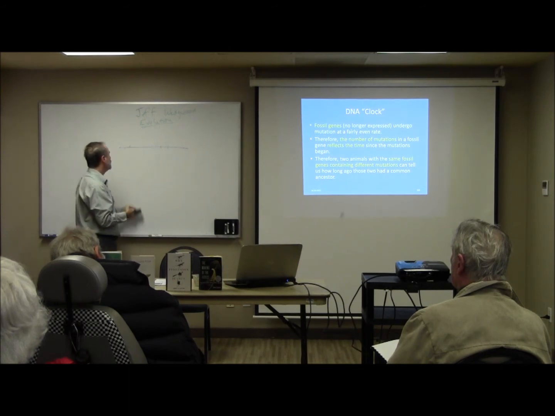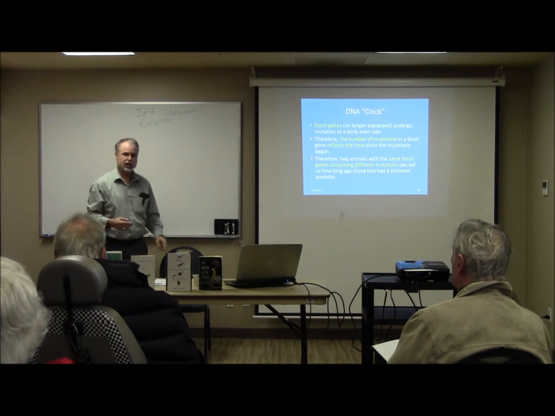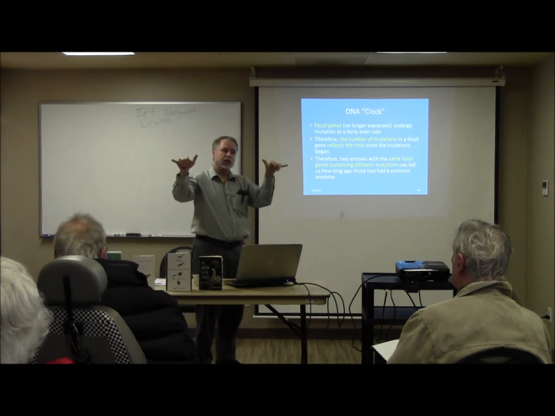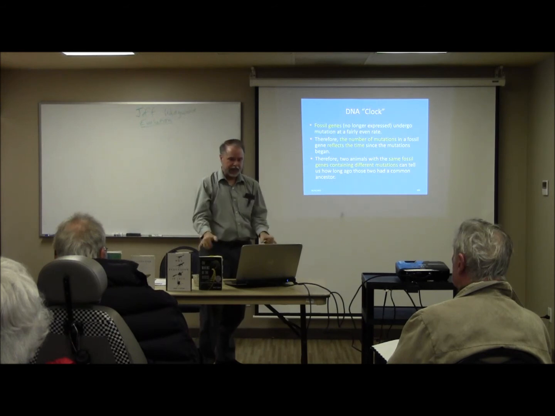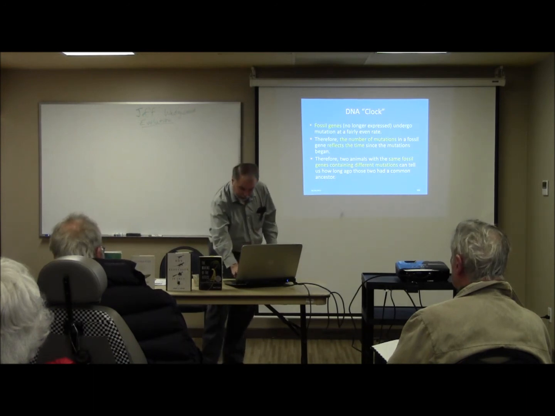So you can just look over time and count the number of mutations in fossil genes between, say, chimps and humans, and you can say, oh, well, they probably had a common ancestor about this long ago. That's where I got the numbers for the Y and mitochondria.